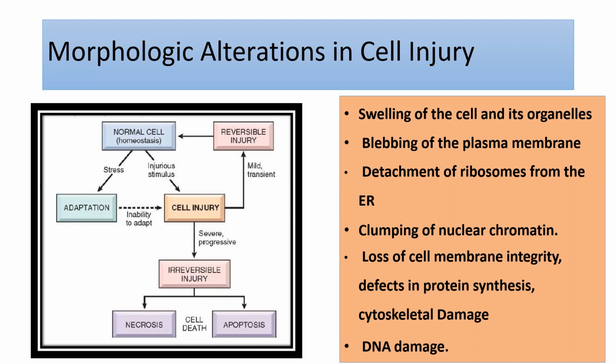After the injury of the cell, there are morphologic alterations. Swelling of the cell and organelles, blebbing of the plasma membrane, detachment of the ribosomes from the ER, and clumping of the nuclear chromatin, loss of cell membrane integrity, defects in protein synthesis, cytoskeletal damage, or DNA damage.